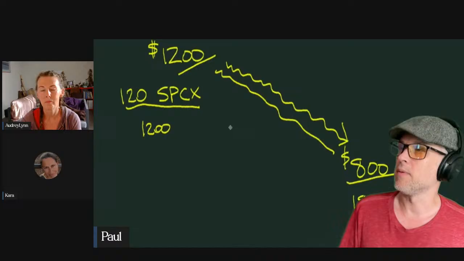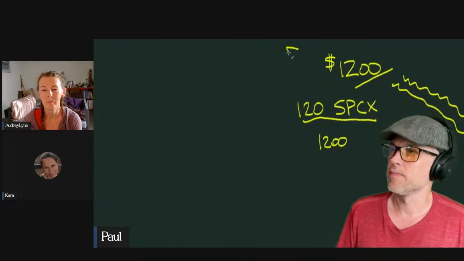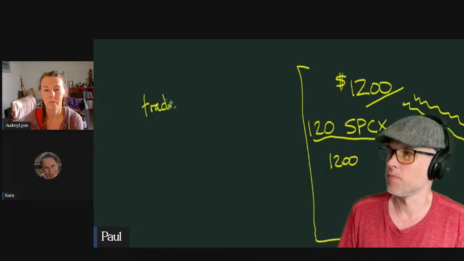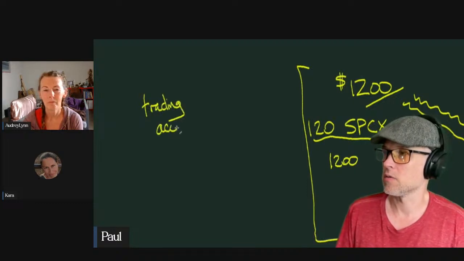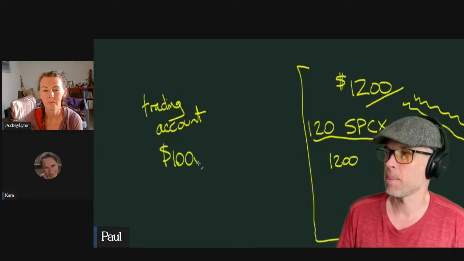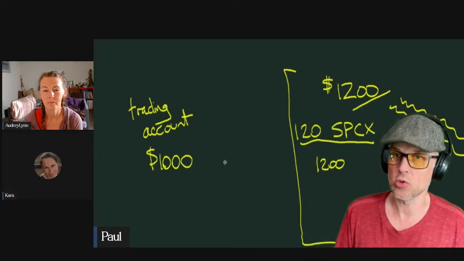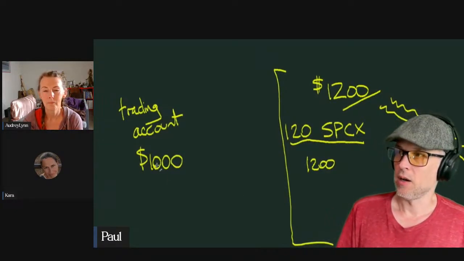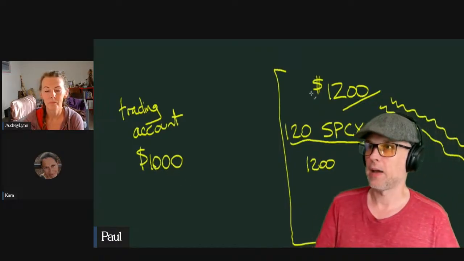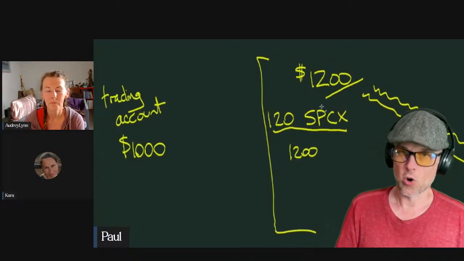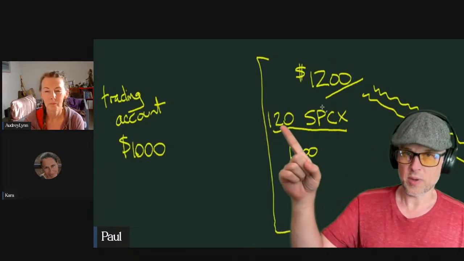So I'm going to find another way to do this. Remember, there's the trading account. The trading account has the $1,000 in it. And then what you're doing is you're telling your broker, at this point, I need to take out a loan for 120 SpaceX.